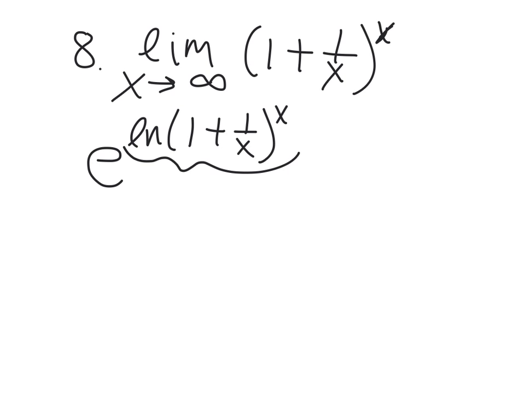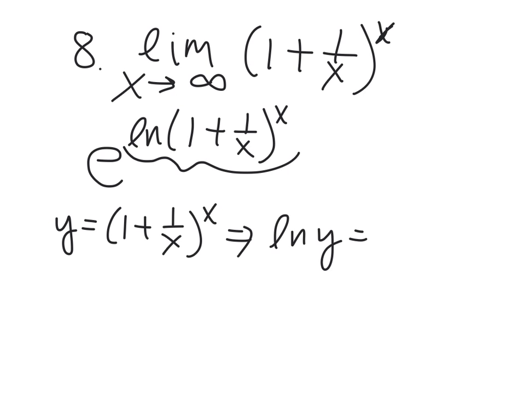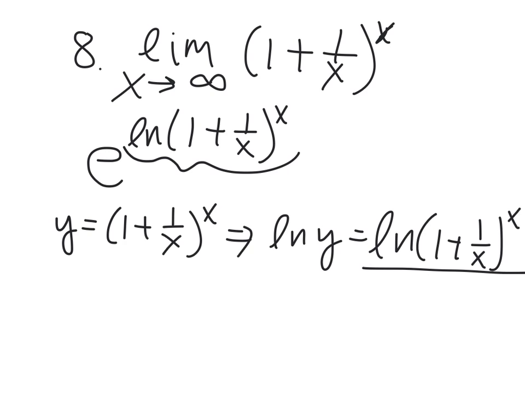And what I showed, a little bit different, let y equal this, and then take the natural log of both sides. So either way, it's a slight difference. The main part of it will be working with the natural log of that to the x power, which first thing we need to do is pull the exponent out.